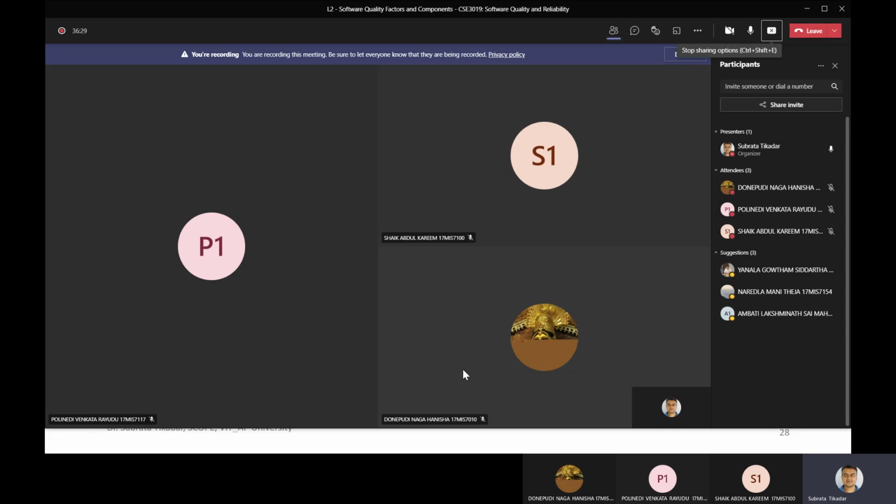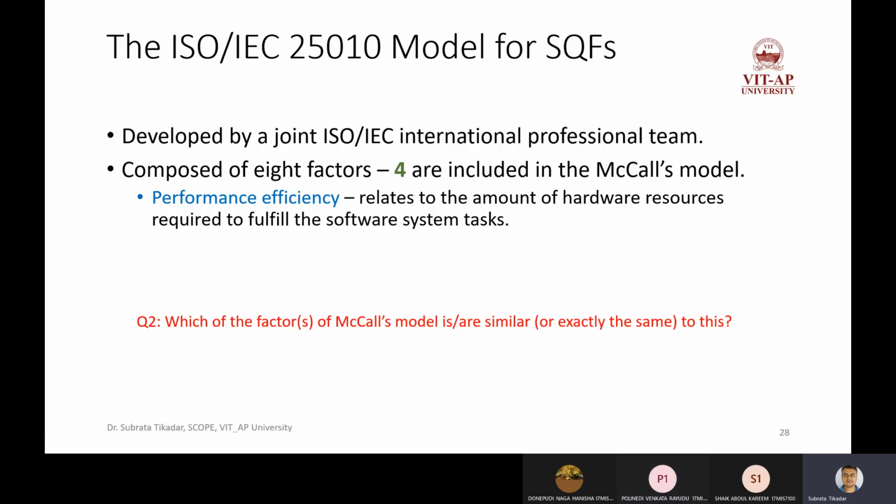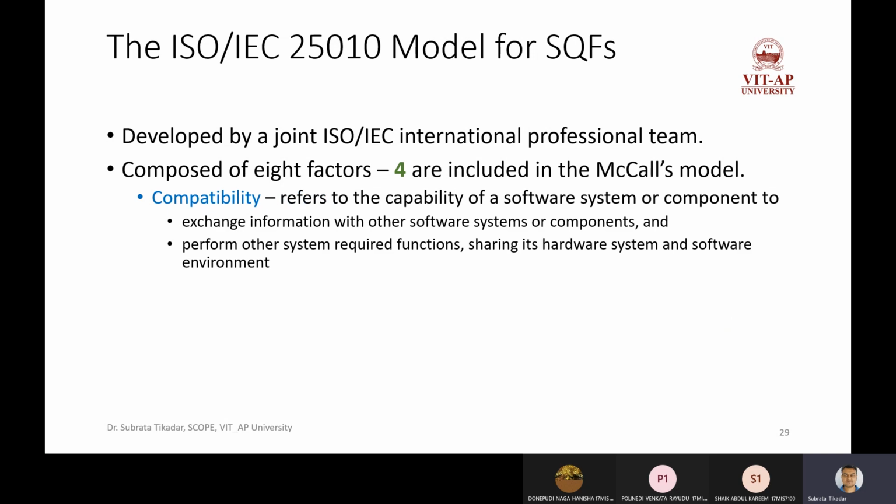Venkata, Karim, would you like to answer? Okay. So the answer is efficiency. Efficiency is exactly defined in this way in case of McCall's classic model.